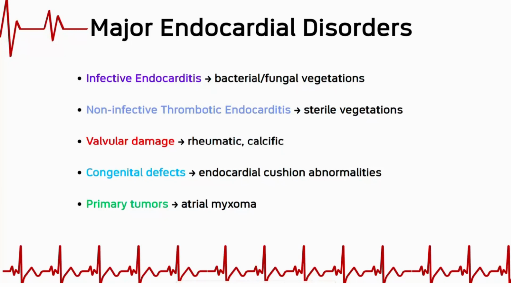We have valvular damage, because remember, valves are lined with endocardium. So this could be from rheumatic heart disease or calcific changes of the heart. We can have congenital abnormalities within the endocardium, so endocardial cushion abnormalities, and also primary tumors, so atrial myxomas.